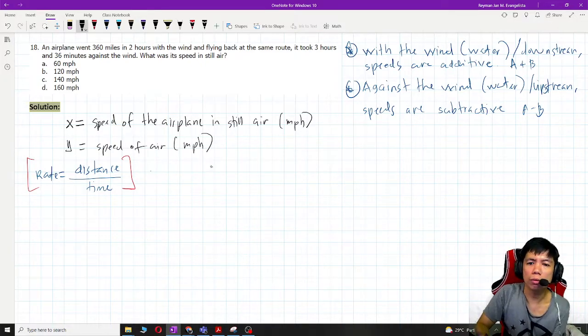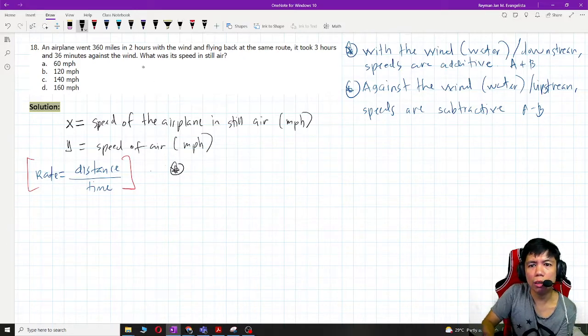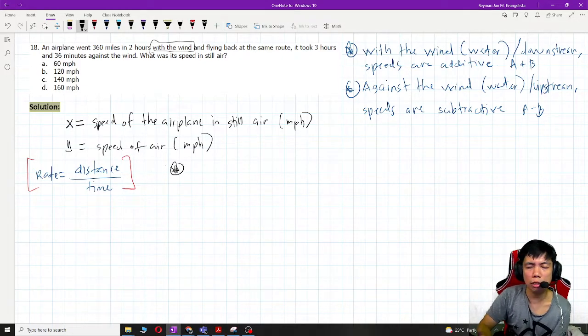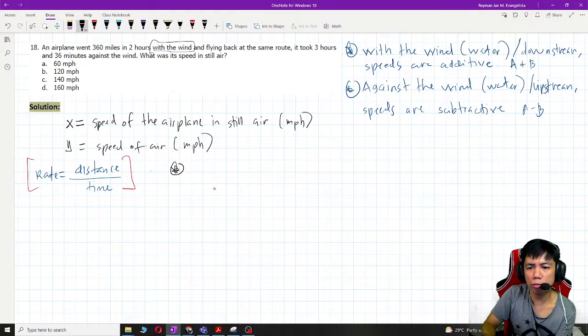Una dito tayo with the wind. So with the wind, distance 360 miles, and the time is 2 hours. With the wind, ang ating rate is yung sum ng speed ng airplane tsaka speed ng air, so that is x plus y.